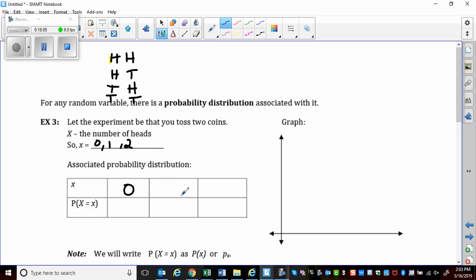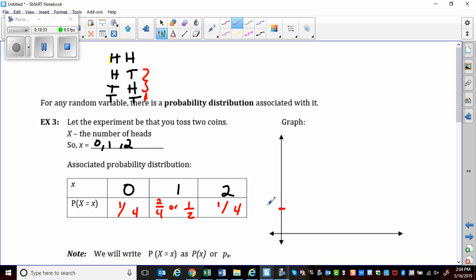If it's 0, 1, or 2, the probability of getting 0 heads, since there's 4 outcomes, is going to be 1 out of 4. The probability of getting 1 head: it could have been heads and tails, or tails and then heads, but this is still just 1 head. Well, this is 2 out of 4, or a half, simplified. The probability of getting 2 heads is 1 out of 4.